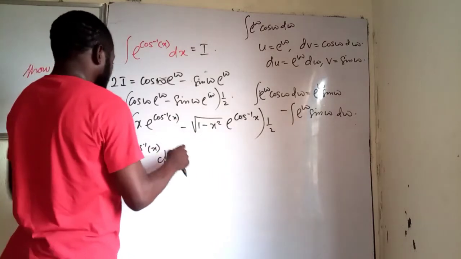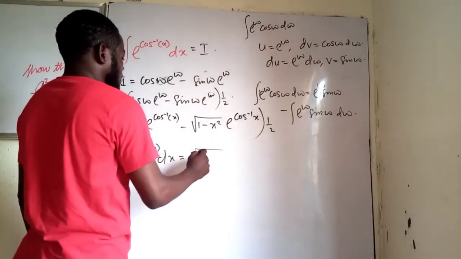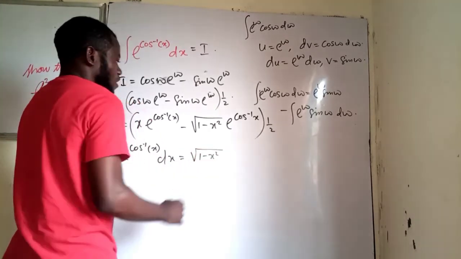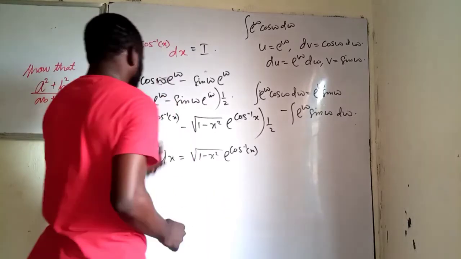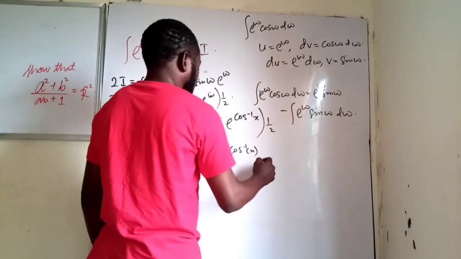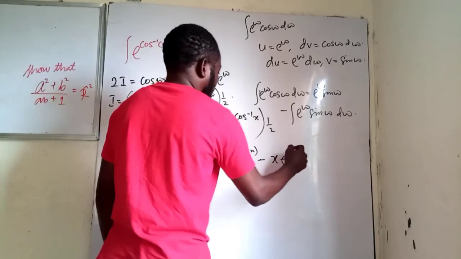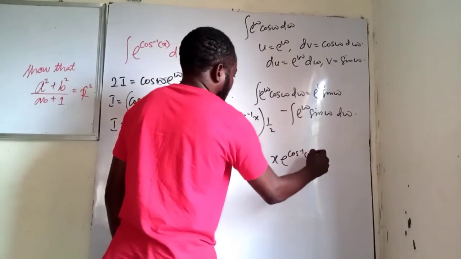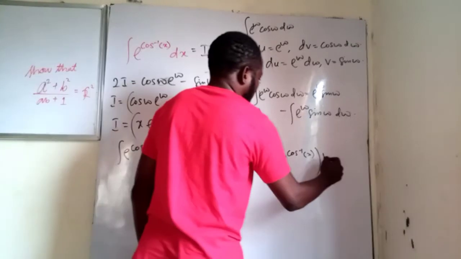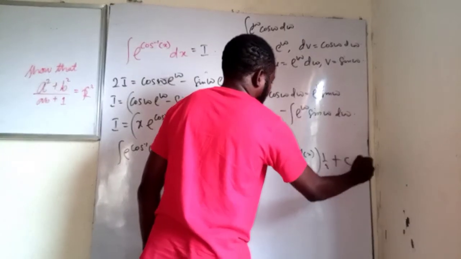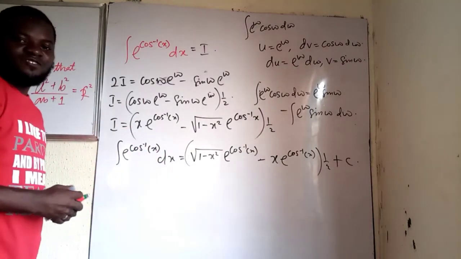So this will become the square root of 1 minus x squared e to power of the arccos of x, then minus x e to power of the arccos of x, then everything multiplied by 1 over 2 plus c. And that is our result. I think we have the same thing as what we did earlier.